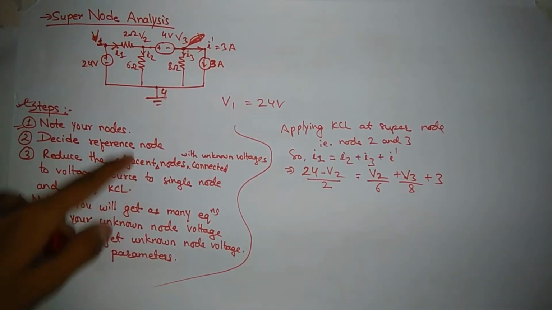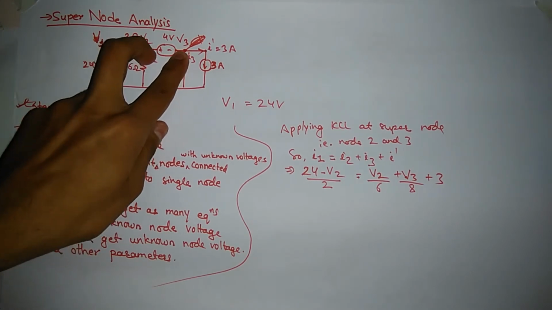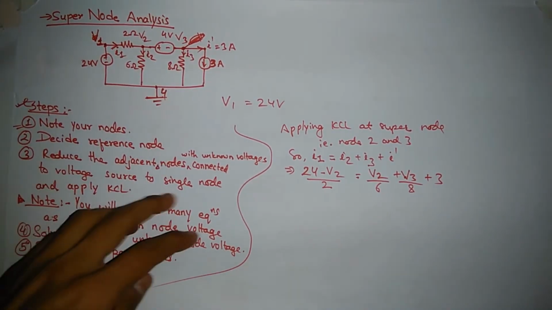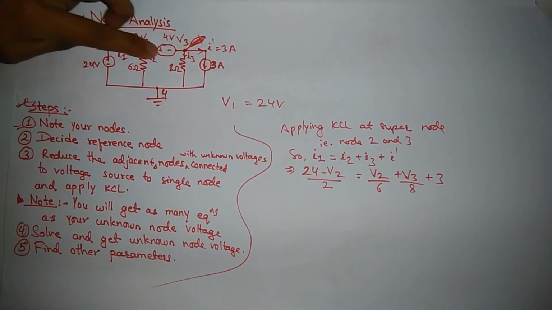What did we do here? We reduced our adjacent nodes with unknown voltages, that is node 2 and node 3, to a single node. It will act as our single node.